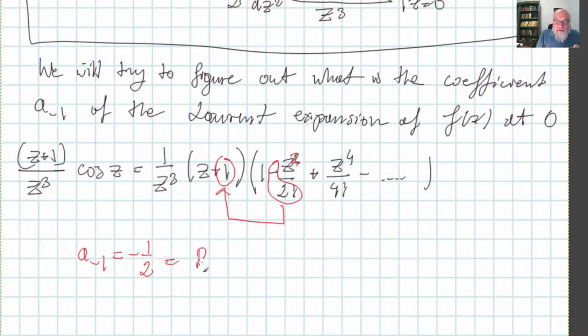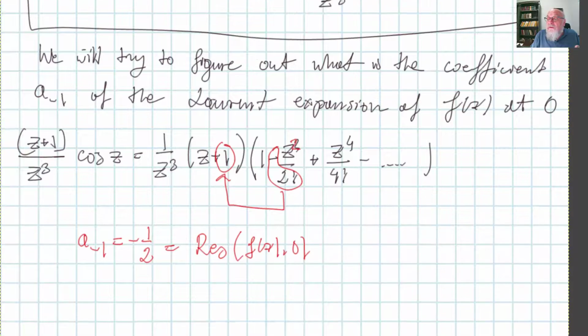And we have that this is actually our residue of f of z at 0, and we can write the answer.